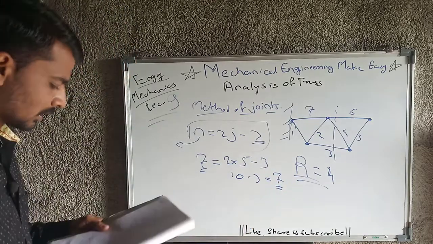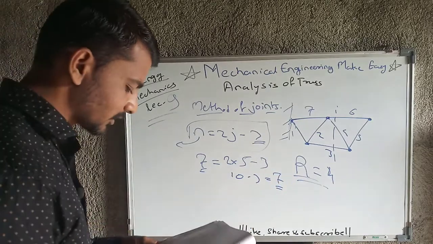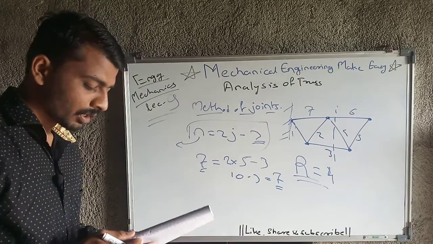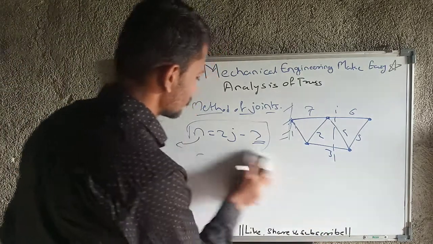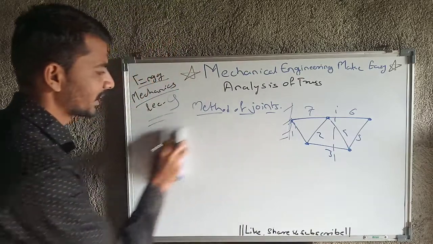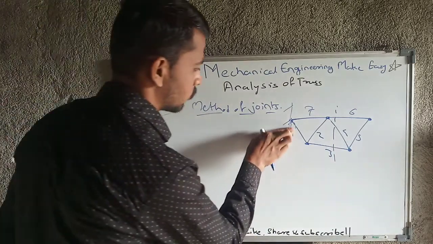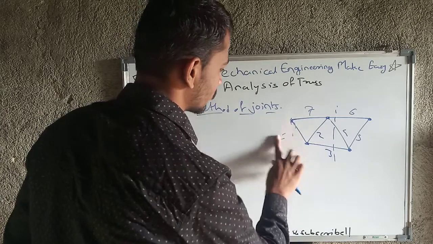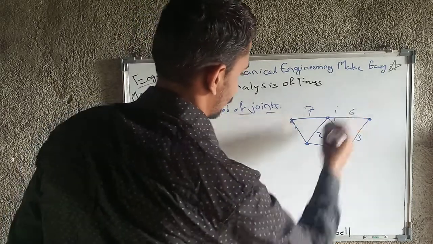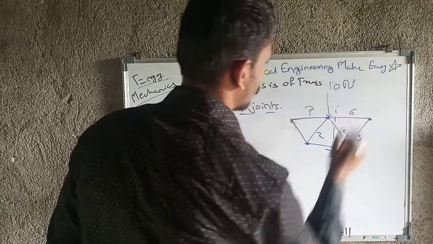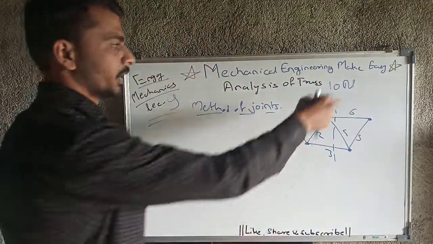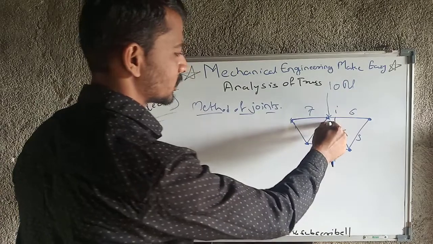Okay, then next is to consider the FBD of the entire truss and compute the reactions. Okay, what is the next step? That is nothing but considering the FBD. For example, this is our truss, and there may be chances that one force is acting here, maybe of 10 Newton. Okay, assume that we have applied one 10 Newton force at this joint.